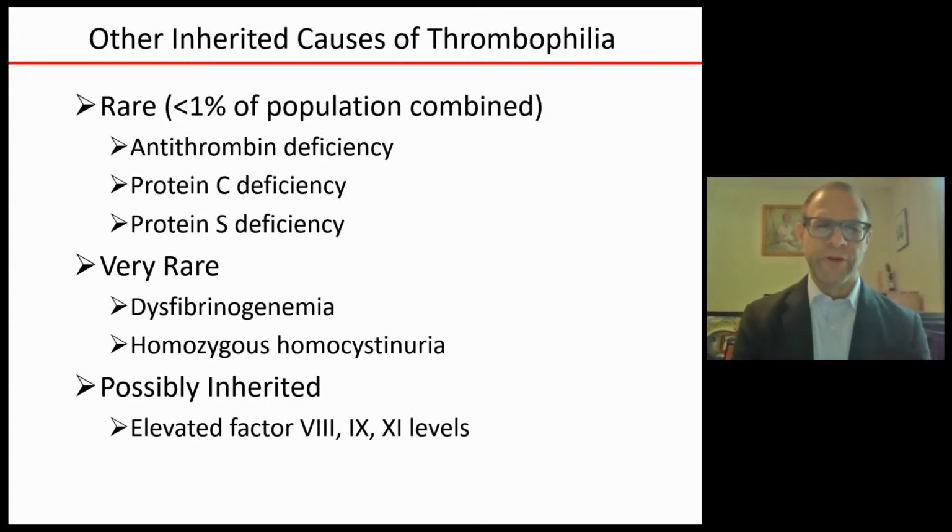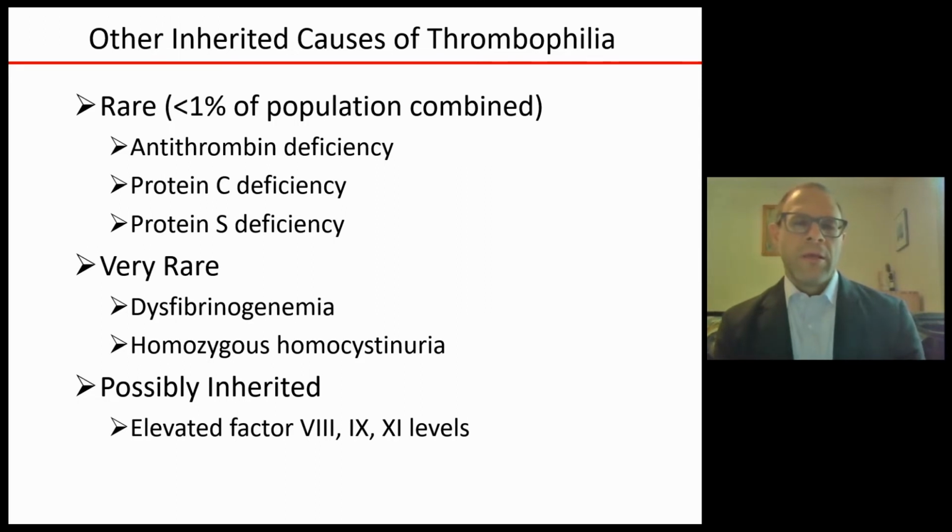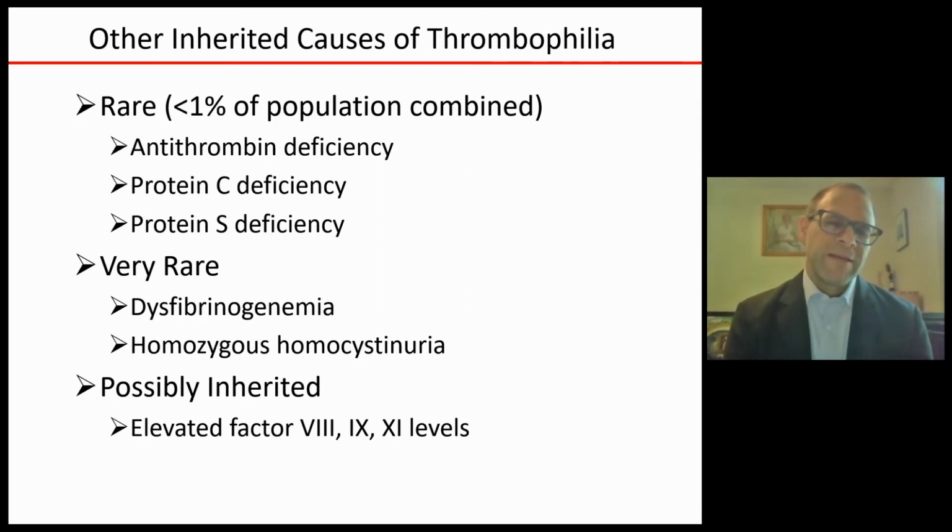And then the others are very rare. It's at the last bullet, elevated factor levels, factor 8, 9, 11. These are somewhat controversial because their increased risk of causing blood clots is so small. I usually don't include it in my thrombophilia workup.